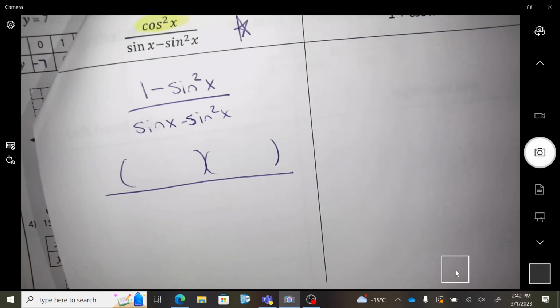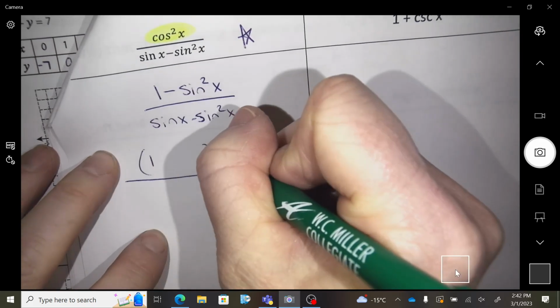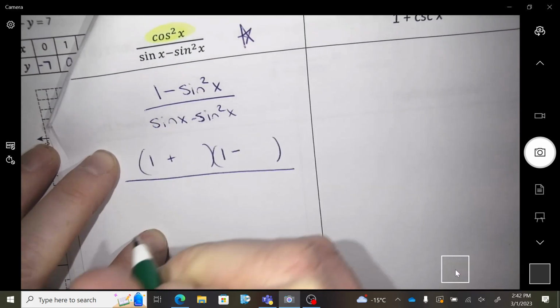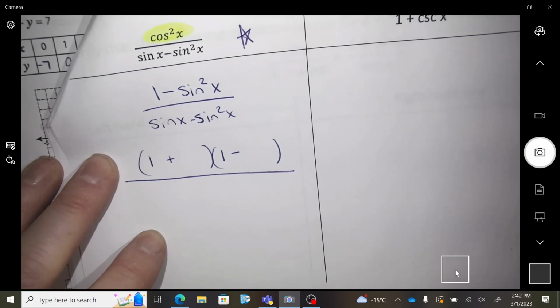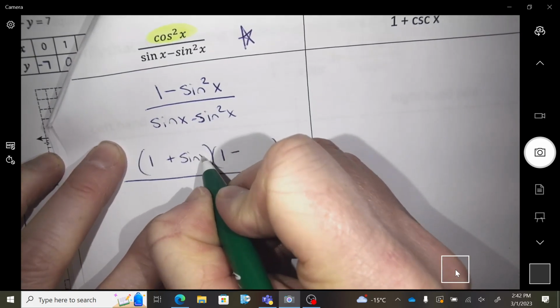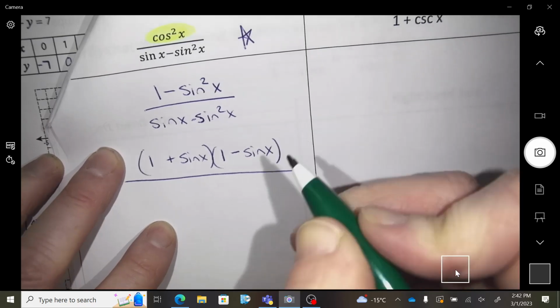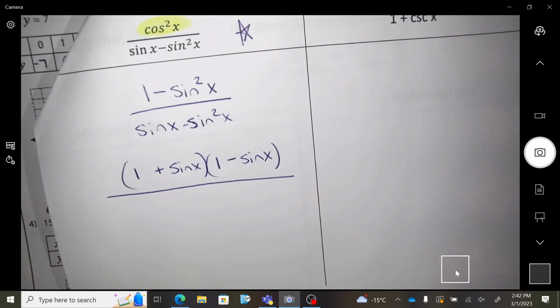What times what in the front? Plus minus. Okay, factor the bottom, what's the style?